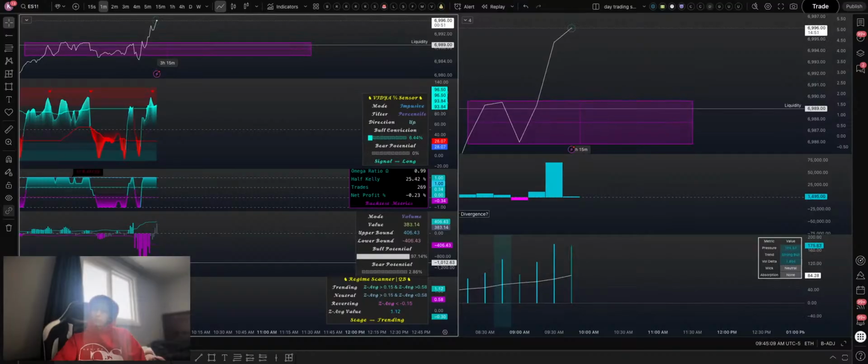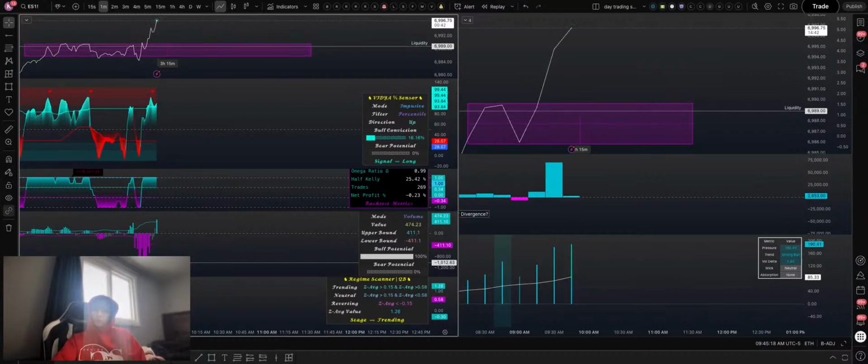Thinking about the market buy. I'm gonna go for the market buy. We're in for longs.